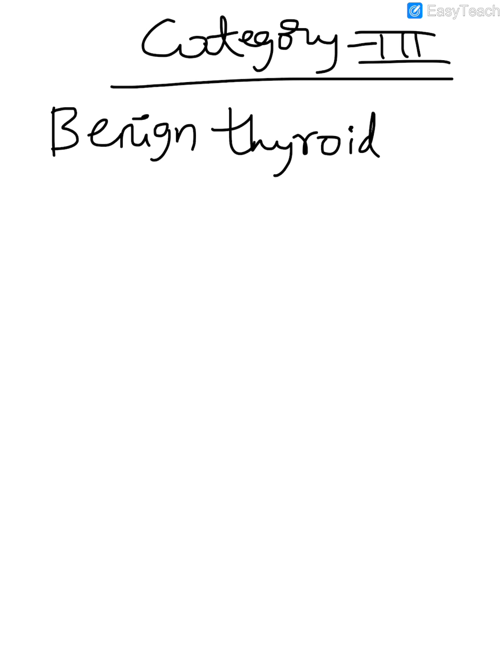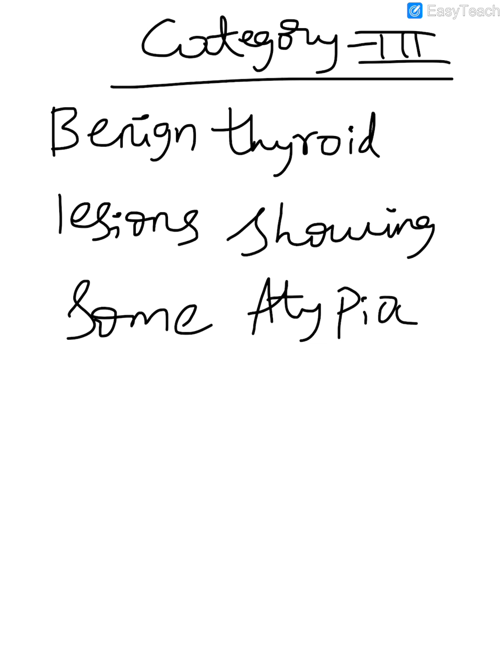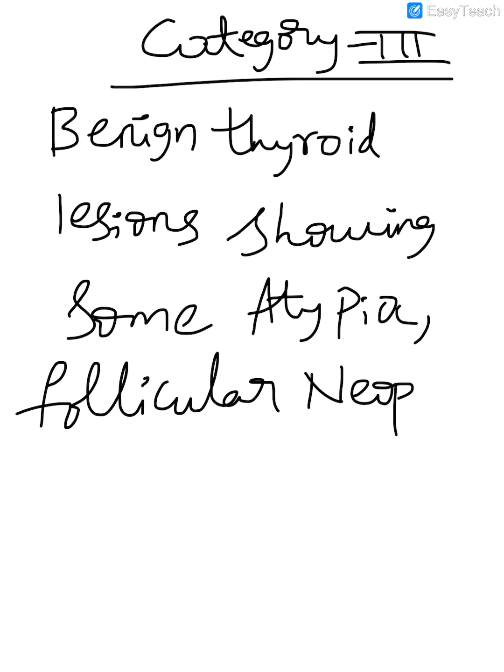So under category 3, we have benign thyroid lesions showing some atypia, and we also have follicular neoplasms.